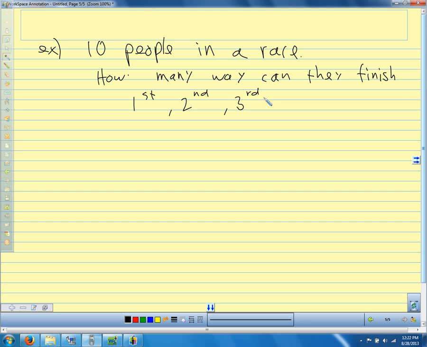So the different arrangements of first, second, and third make it a different winning order. So we're changing the order, and it changes the thing. So the order matters here. So when order matters, we use a permutation.